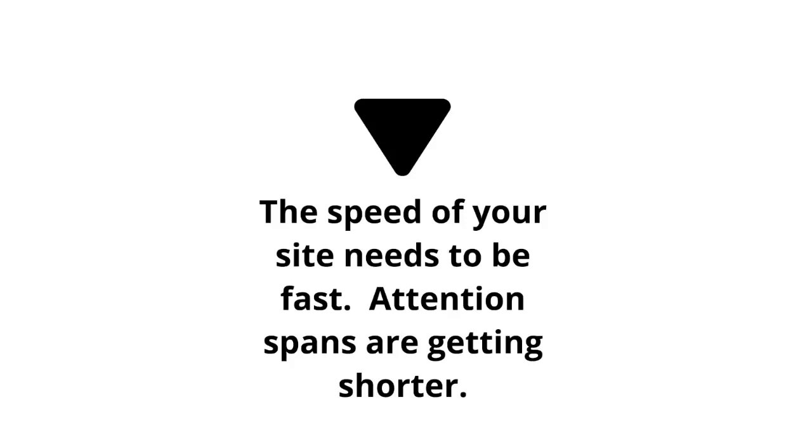A lot of times people overlook this factor and go straight to the engagement plugins or the content, and they don't know why people leave. The root cause is that the speed of your site needs to be fast, and that's kind of a no-brainer. Attention spans are getting shorter and shorter, and that is why you need to look at that first.